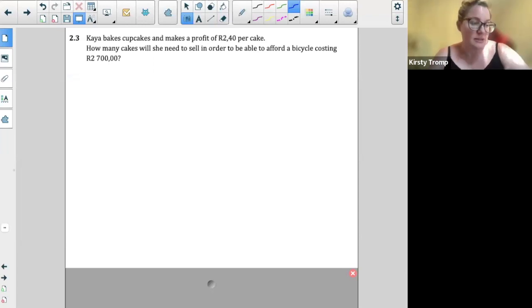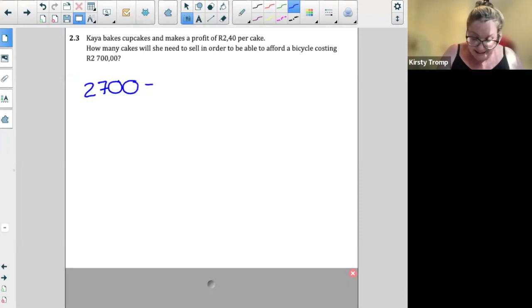All right. So I'm going to do this one quickly for you guys. I'm going to take my 2,700, which is how much money I need, and I'm going to divide it by R2.40. So I'm going to divide it by how much I'm going to make per cupcake, guys.